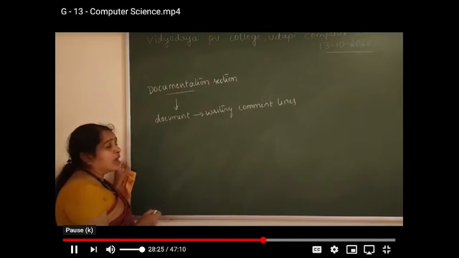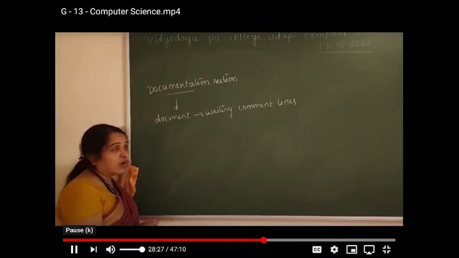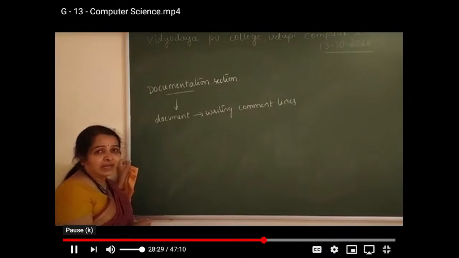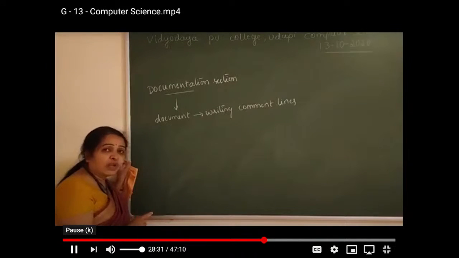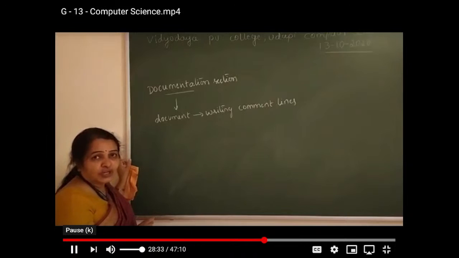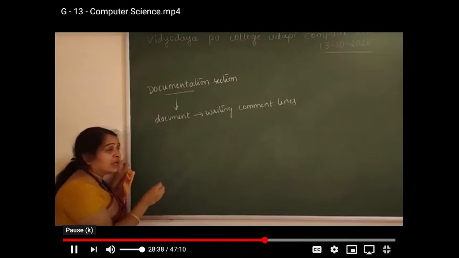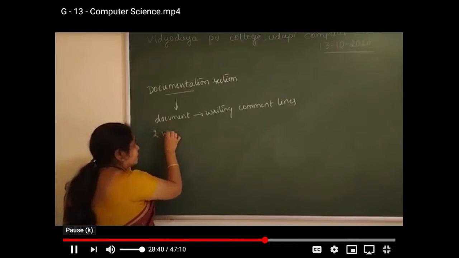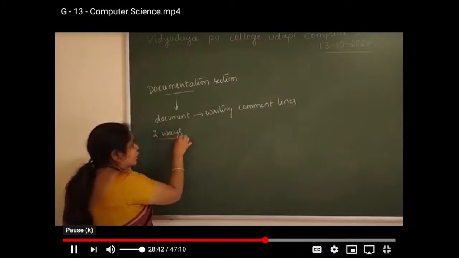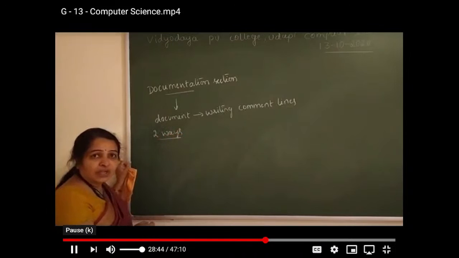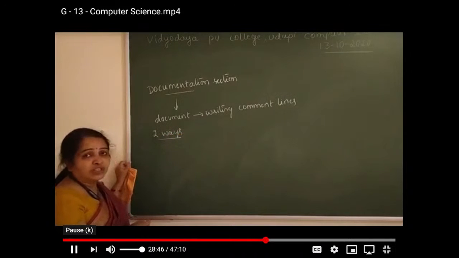That is why we have to document it, or write the comment lines. I have told you this is one optional section. There are two ways of writing the documentation: single line documentation and multiple line documentation.